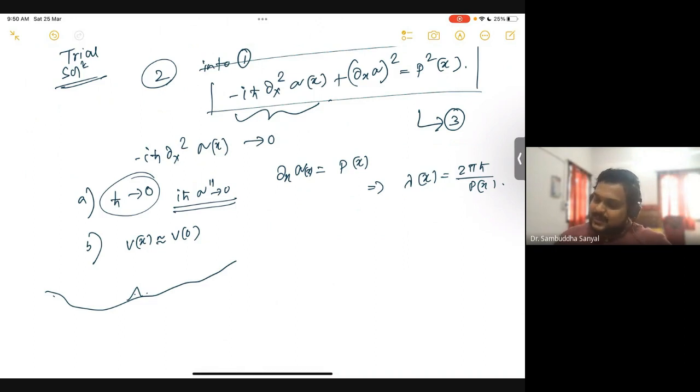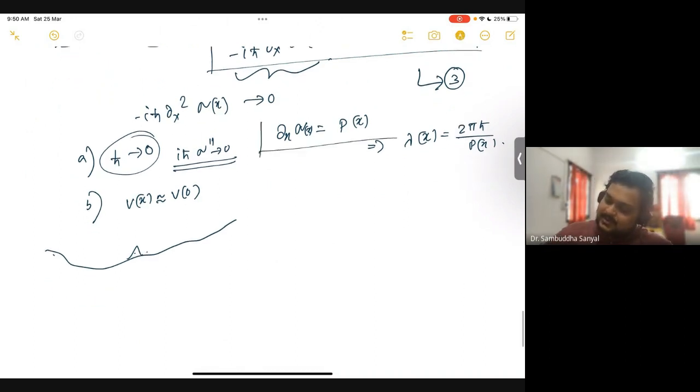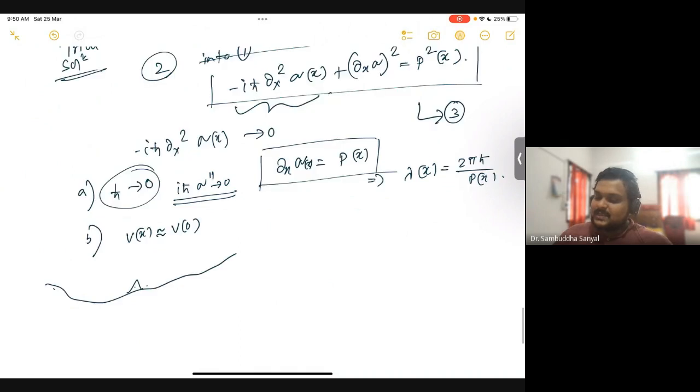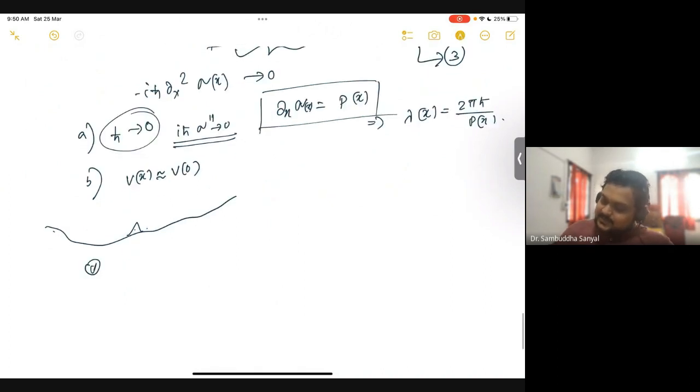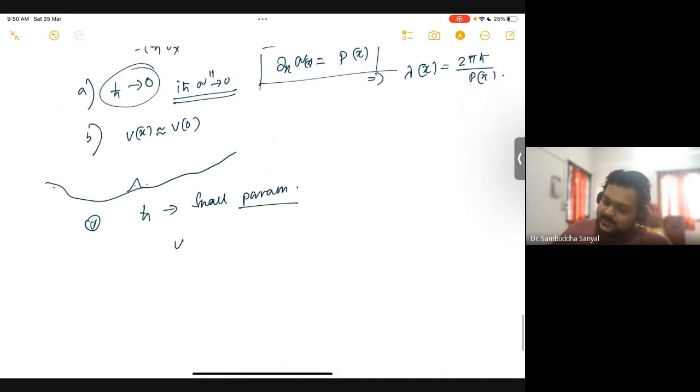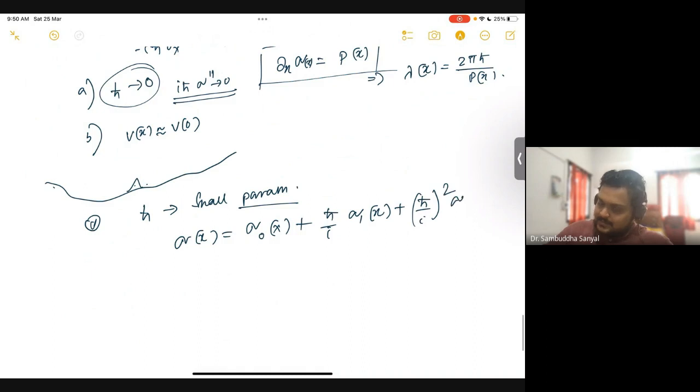So let's assume that. Now I can solve this equation very easily. Instead, I'll do a systematic order by order solution, just like perturbation theory. So let us take h bar as a small parameter and expand in it: zeroth order, first order, second order, and so on.